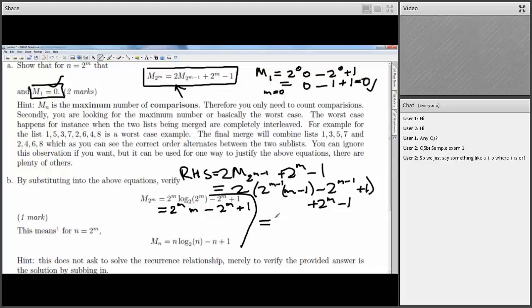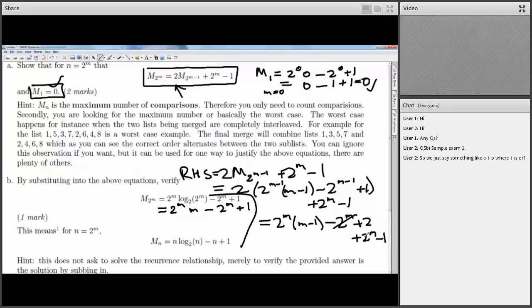You then start doing the products. 2 times this one gives you 2 to the m minus 1. 2 times 2 to the m minus 1 is 2 to the m. 2 times 1 is just 2. So we get all these sort of terms, and you can see lots of things start to cancel out.